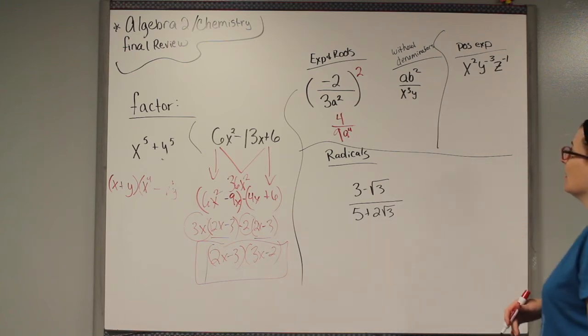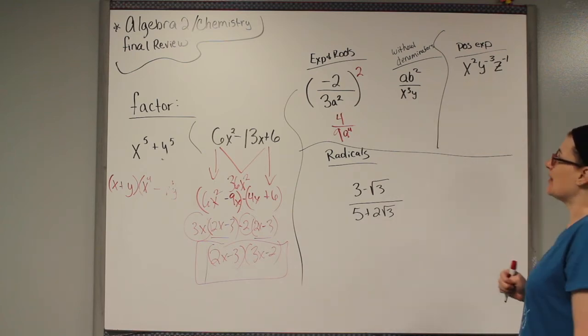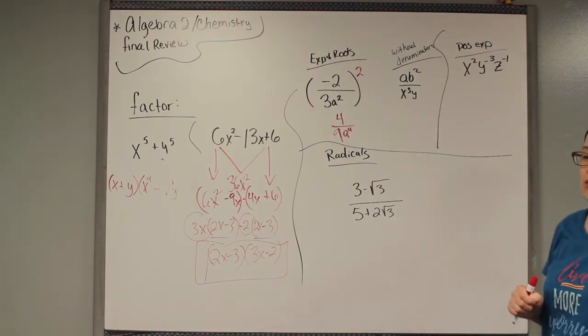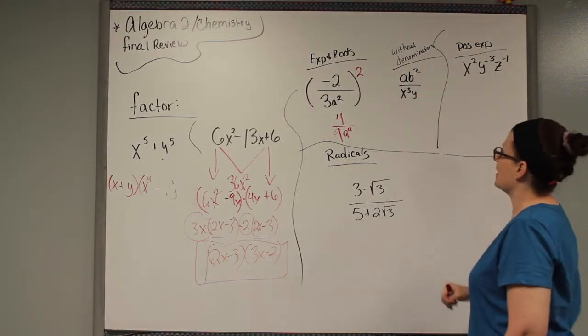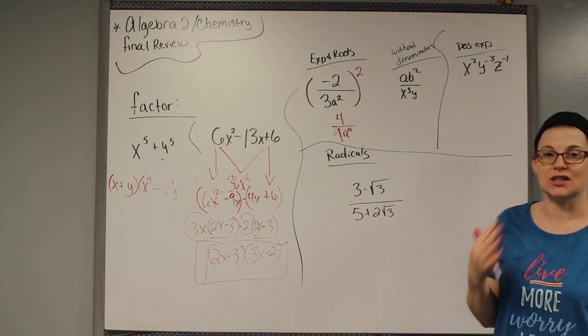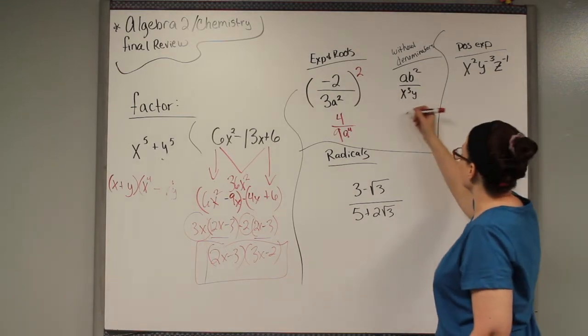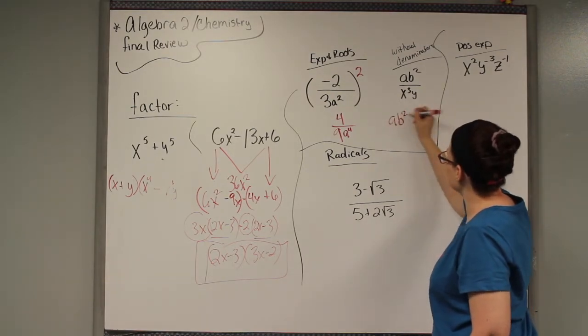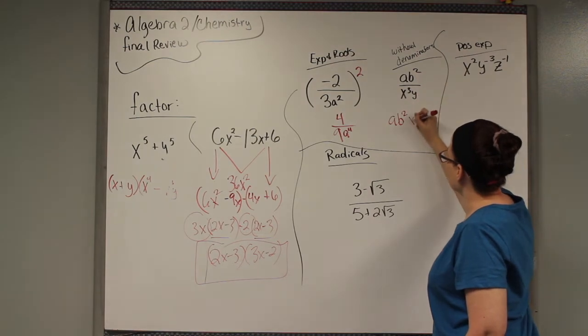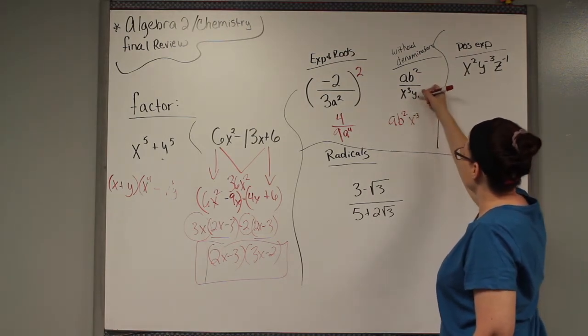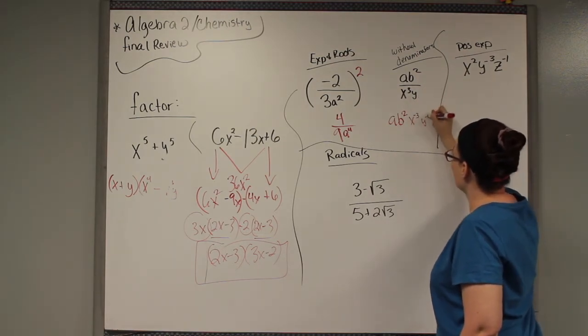To write something without denominators, which means not in a fraction, it's got to get moved up. All you do is change the sign of the exponents. If I want to write this, the top will stay the same. x becomes a negative 3 exponent, and y becomes a negative 1 exponent.